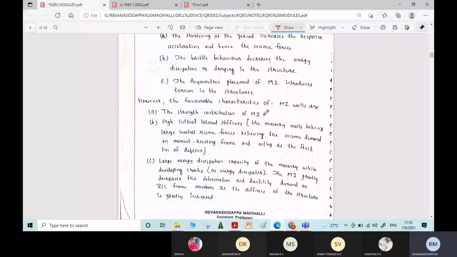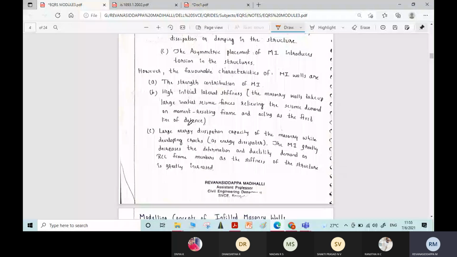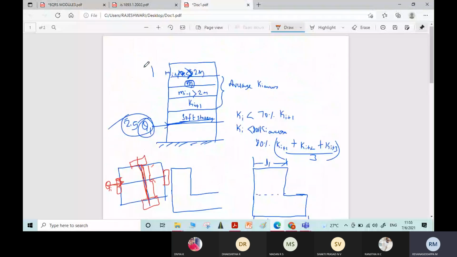Then there will be a high inertial lateral stiffness. The inertia force or the moment of inertia of the structure will be higher when you are providing the masonry infills. Because of that inertia, at the beginning of the earthquake event, suddenly after the application of the lateral forces, the building will not start vibrating. It has some initial inertia forces, a moment of inertia.